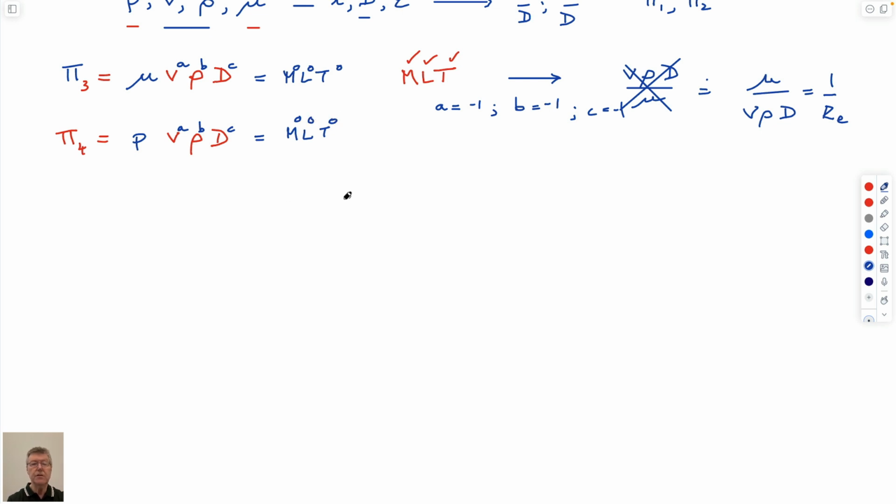And this one, if I just go through it, I'll tell you what it is. It's going to be P over rho V squared, which is an Euler number. In other words, dynamic similitude.